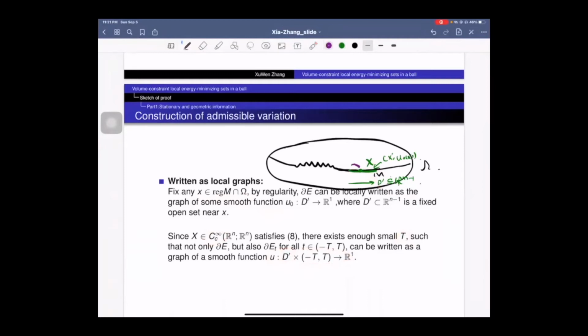For example, we can write this to be U T1, and this is U T2, where T1 and T2 are in this small interval, and this is partial ET1, and this is partial ET2. They can be written as a graph of this function U.